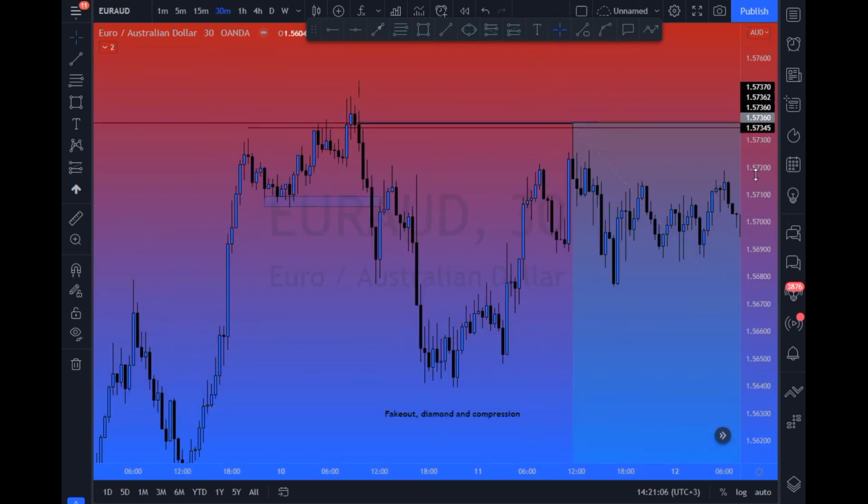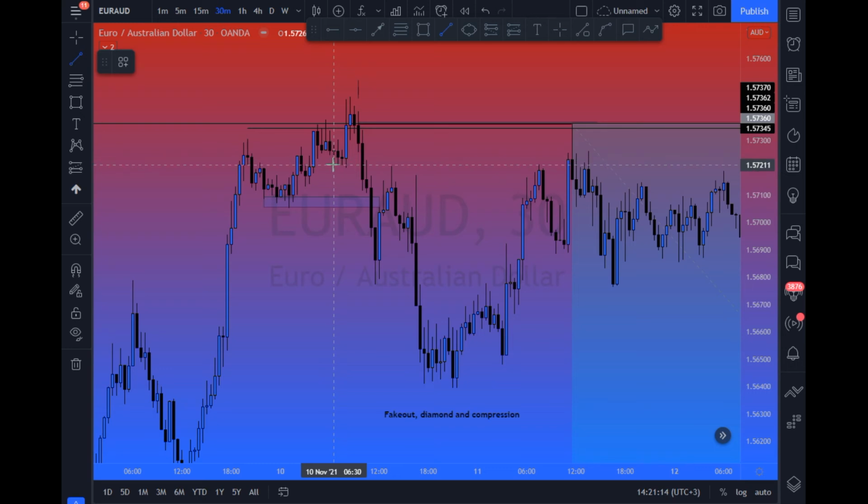How is the fake out? The fake out is just what smart money concept traders call liquidity or inducement. I saw someone calling it inducement, I don't know. So here is resistance and then resistance.